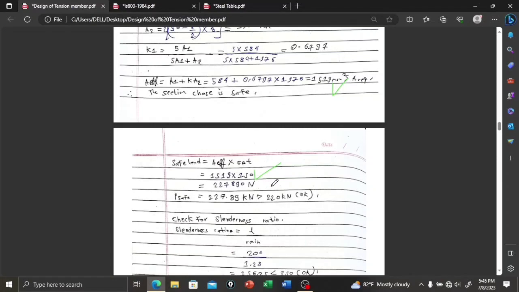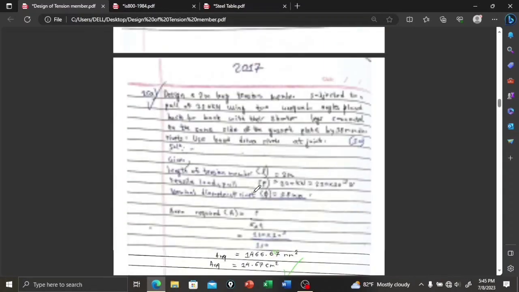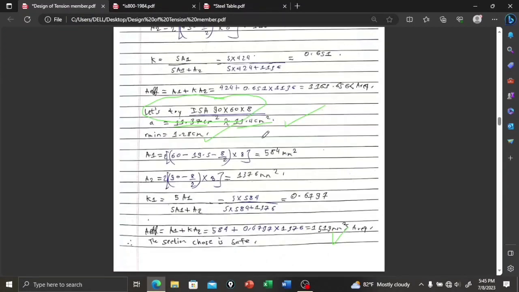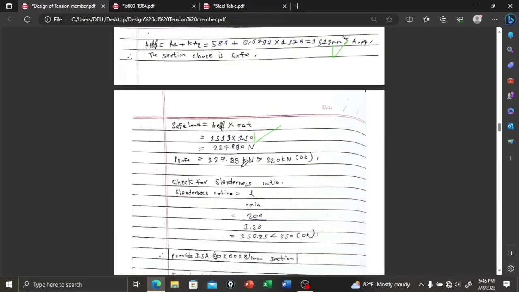To convert it in kilonewton, we divide by 1000, so it is 227.89 kilonewton, and the force acting was 220. Force acting was 220, but it can resist up to 227. So okay.